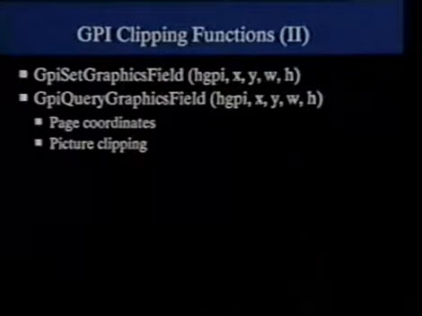We will look at them again later when we talk about the line functions, but suffice it to say at this point that you can clip to arbitrarily complicated shapes using the clip area function. You can set viewing again at the level of page coordinates with the clipping functions having to do with pages in the graphics field.